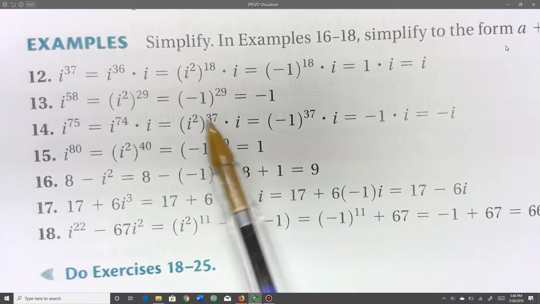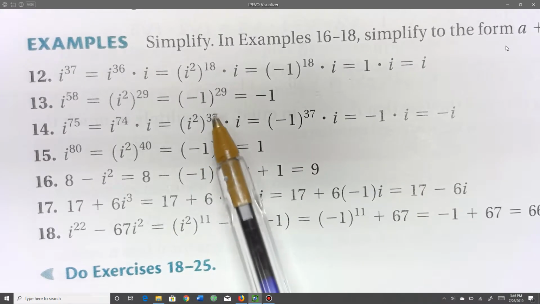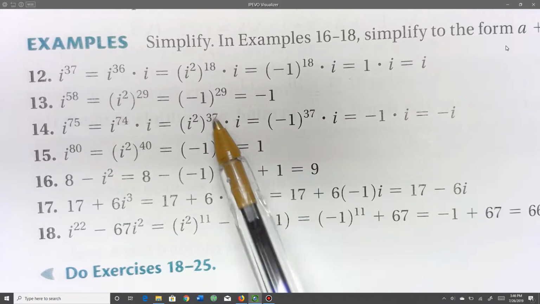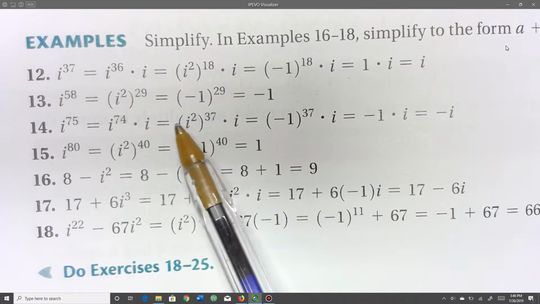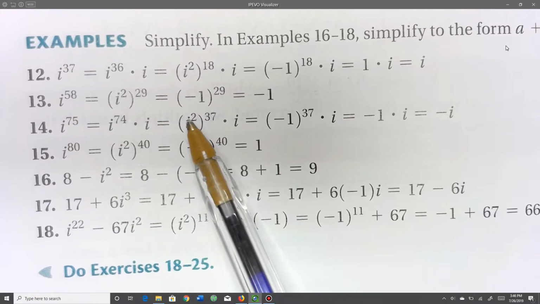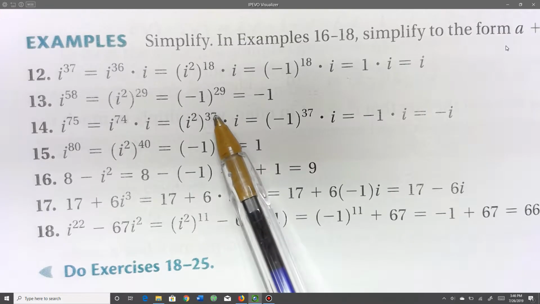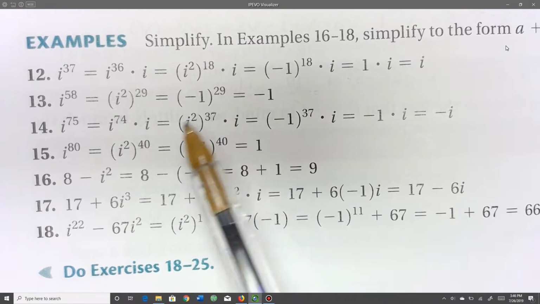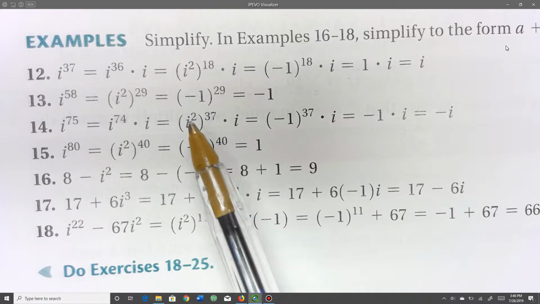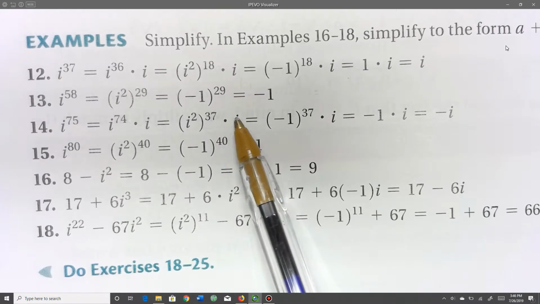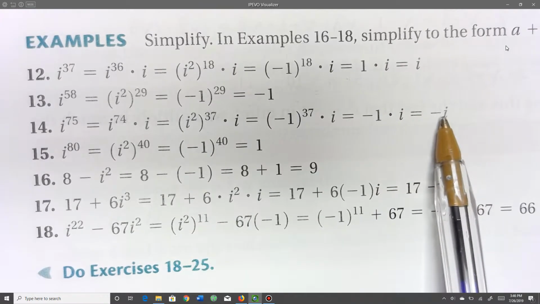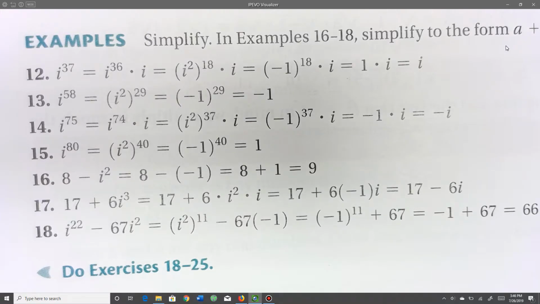If it is even or odd, just think about the rules of multiplying negative signs. Since you're always going to have a negative sign in there, if I raise it to an odd exponent, I'm going to get a negative 1. Negative 1 times i is just negative i. So that's the rule there.